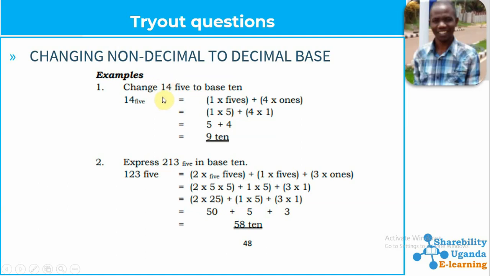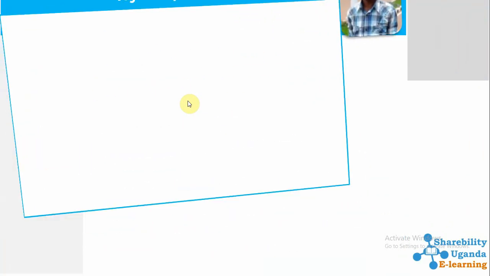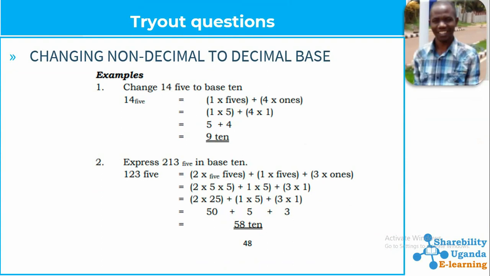So this simply means we shall say our 1 times the 5s, then our 4 times the 1s.